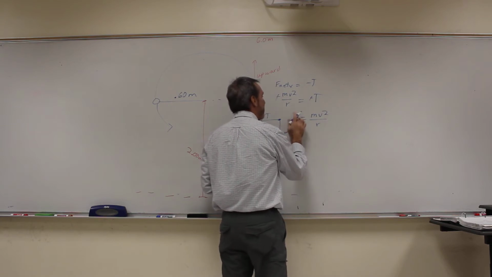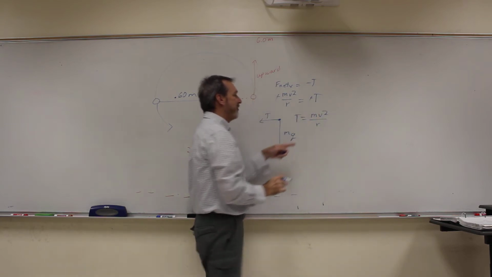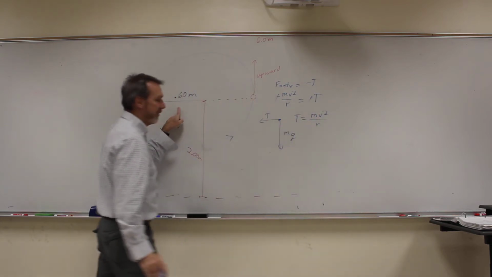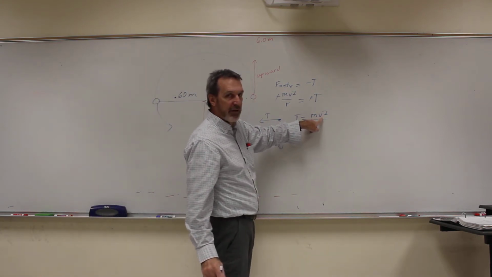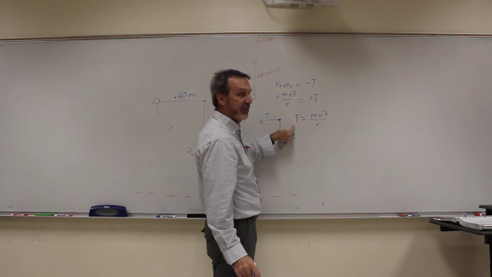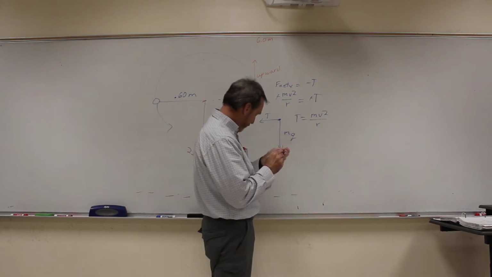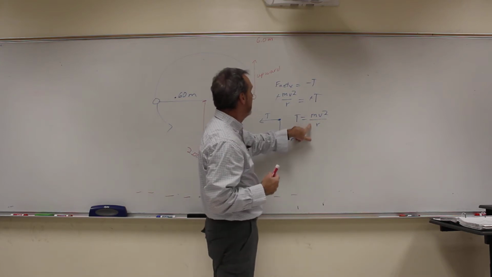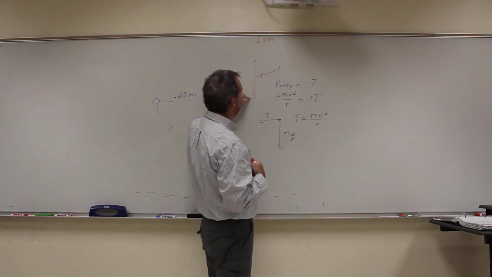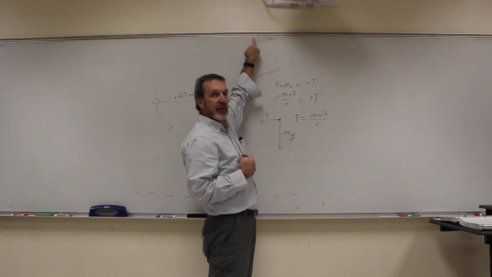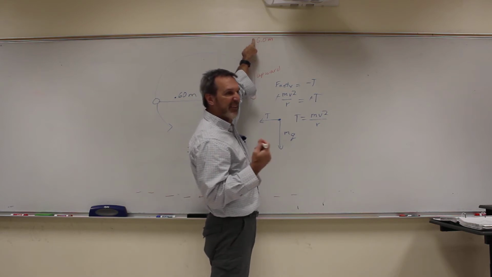Well, we already have the mass and we have the radius, so all we need to do is figure out what the velocity is. If we figure out the velocity, we can get the tension of the string. To figure out the velocity, we have to use our projectile motion equations, because once it releases at this point, it is just a projectile. The only thing acting on it is gravity.